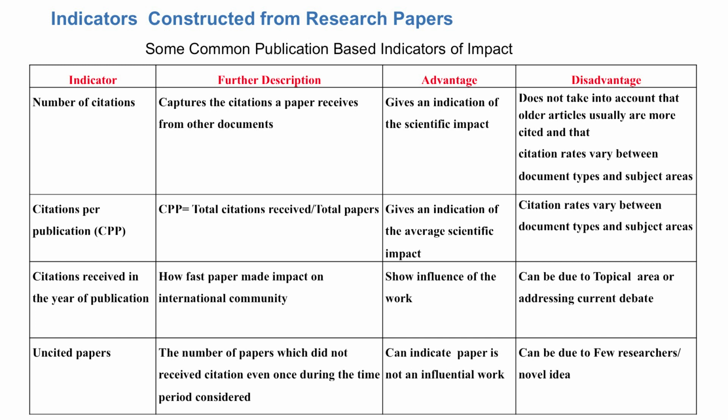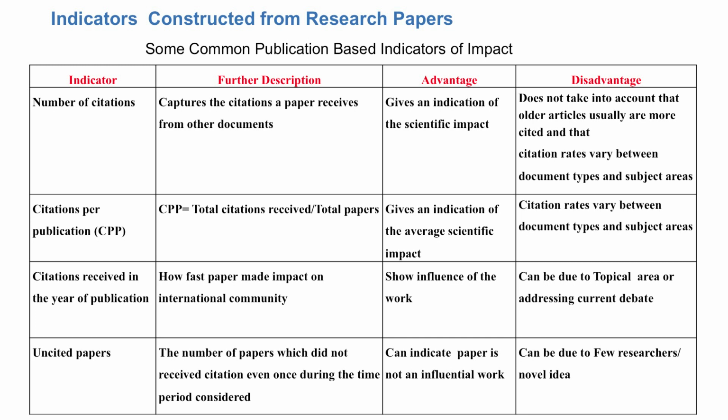To make it more robust against the older citations problem, we create different windows so that we can have a uniform comparison set. For citations per publication, citation rates vary between document types and subject areas. Citations received in the year of publication can be due to a topical area where the citations occur very fast, or say you are looking at a particular current debate.